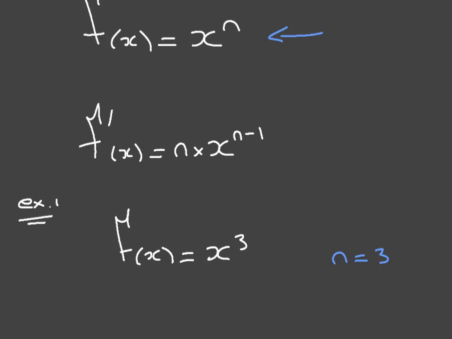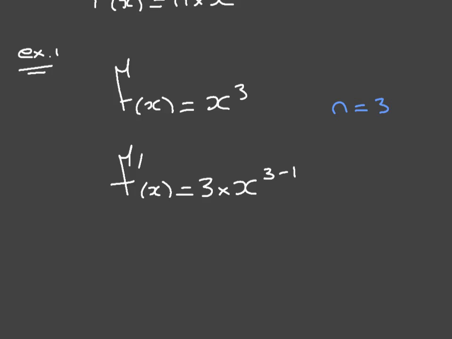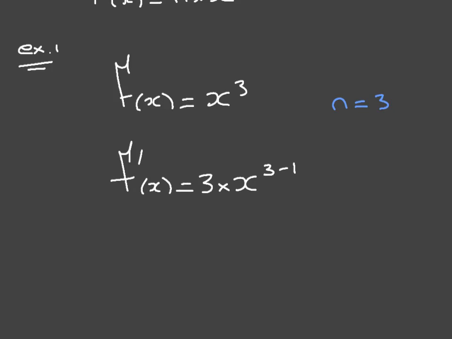So since n is 3 in this case, f dash of x, the derivative that is, equals 3 times x to the power of 3 minus 1. And finally, since 3 minus 1 is of course 2, this leads us to our final answer, f dash of x is equal to 3x squared. And there you go, we've differentiated a function using the power rule.